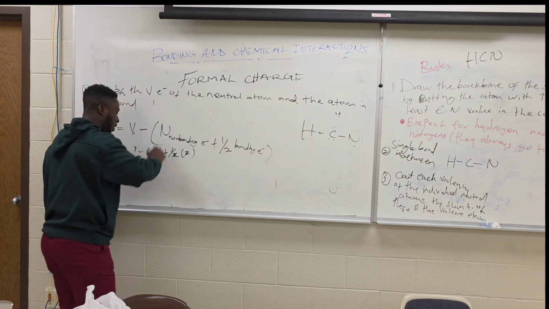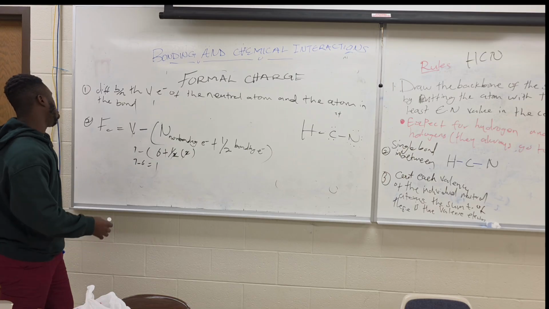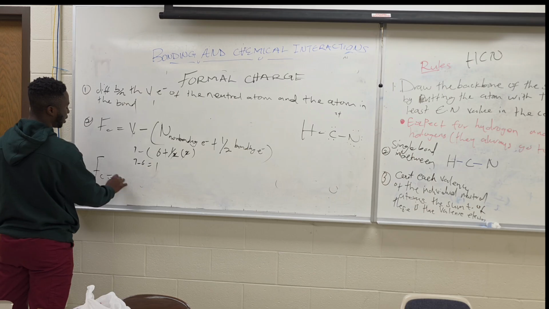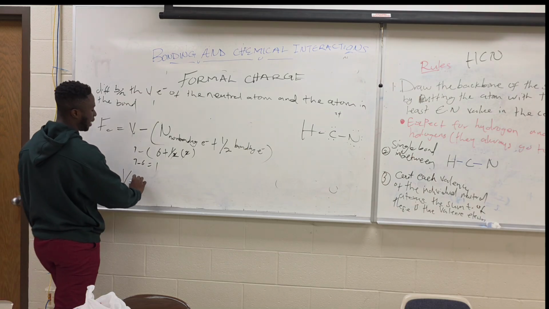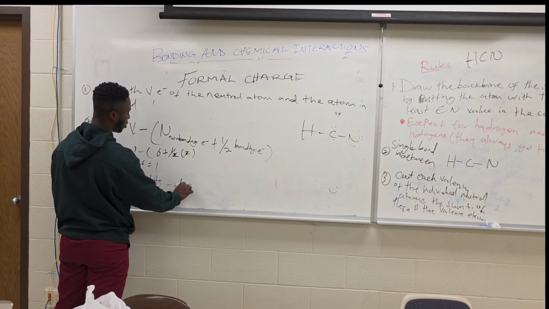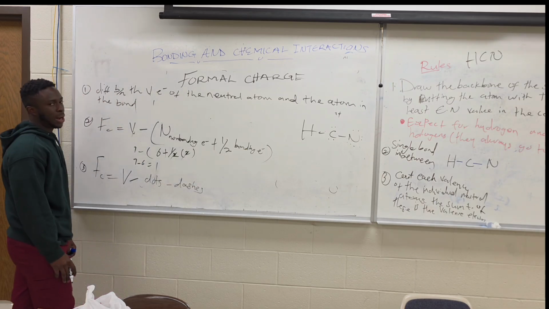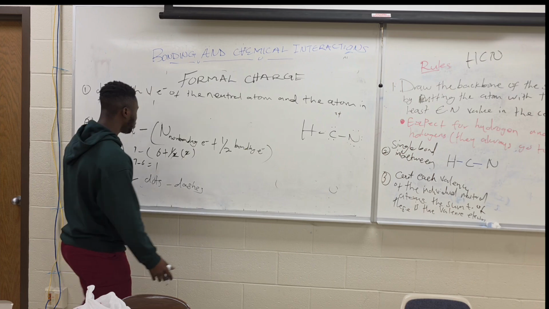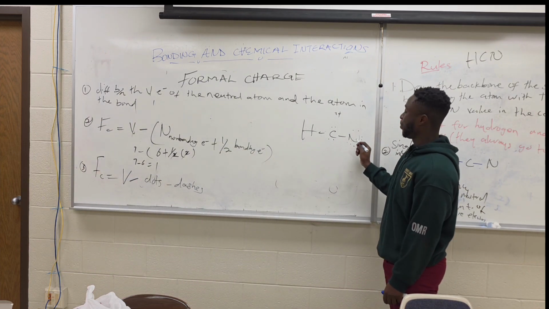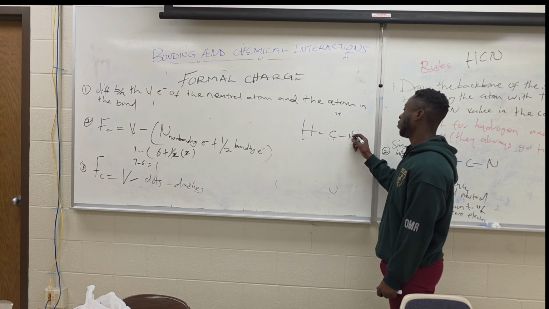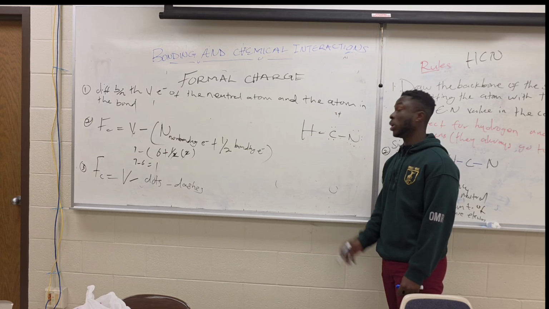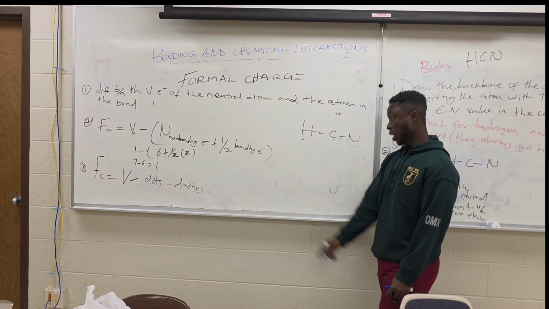We also got 1. But another trick, the third way of finding it, is that the formal charge is equal to the valence electrons minus dots minus dashes, right? You pick the valence electrons, and then how many dots does it have? 1, 2, 3, 4, 5, 6, right? Minus dashes, 1 dash, and you still get it.